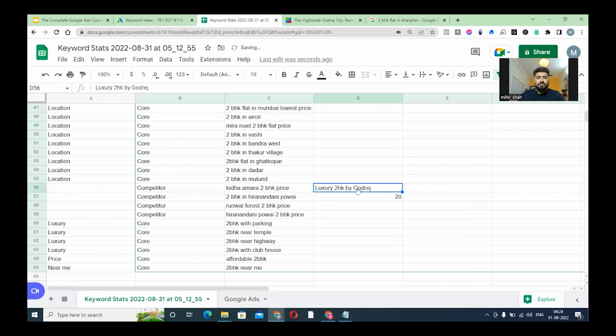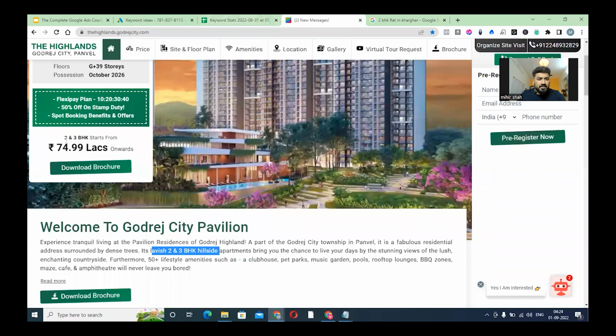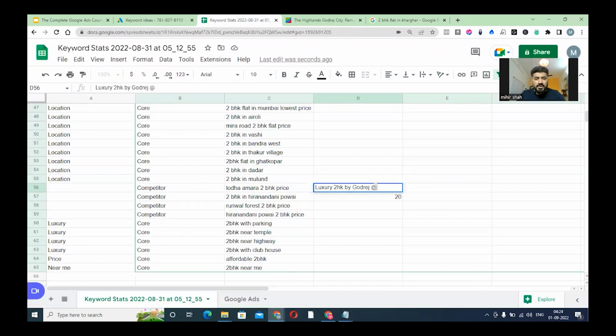So it's 20. So when somebody was looking for Lodha Amara 2 BHK price, Lodha luxury 2 BHK by Godrej, I can put "at" as well and see if I have that much space left, but I'm sure I do. So what is our 2 BHK price? 2 BHK, 3 BHK starting. So always while doing this, don't say "at".